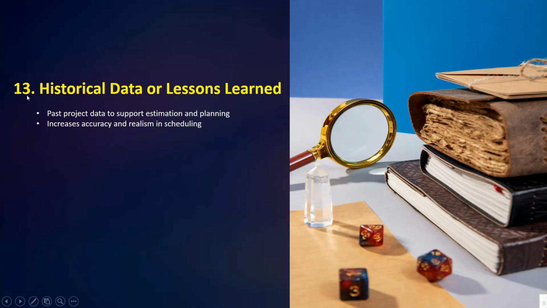So next we have number 13, historical data or lessons learned. Past project data supports estimation and planning, and increases the accuracy and realism in scheduling. Actually, by reviewing similar past projects, planners can improve the accuracy of estimates and scheduling.